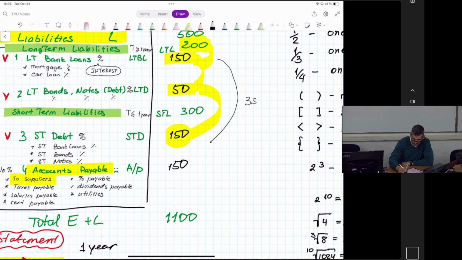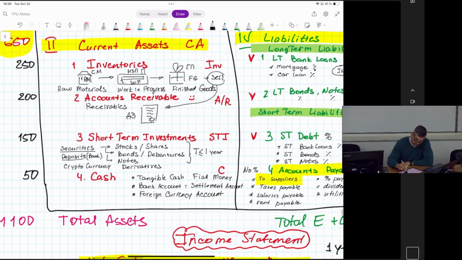Okay, so it's this part, and it's 350. This is our equity plus debt. Agree? Now let's look at this part. This part is 200. So net operating assets is this part, 200. You see?